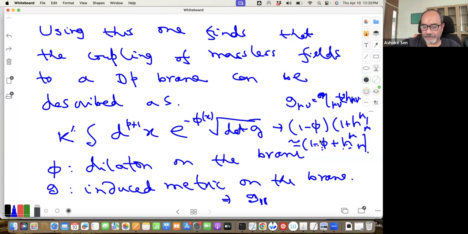So once you have this coefficient, you can determine this. So from general structure, one knows that it's of the form e to the alpha phi times square root of determinant g, because that's the general coordinate invariant form. And then this alpha you can determine from this analysis. Is this clear?